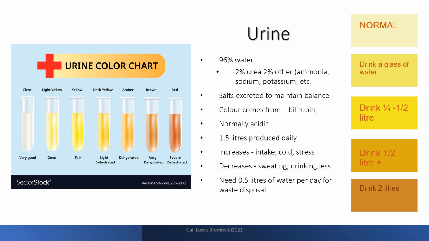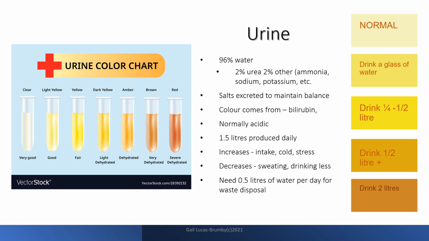Urine is made up of 96% water, 2% urea, and 2% other minerals like ammonia, sodium, potassium. On the right hand side of this slide you can see the different colours of urine, and it'd be interesting to know what colour your urine is.